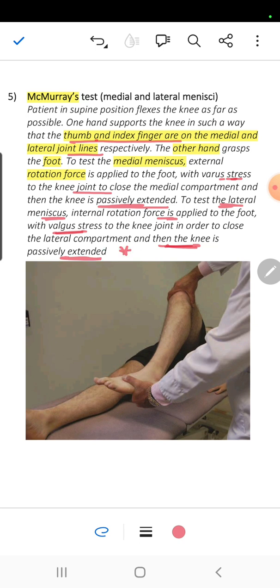In theory, it seems like a complicated test, but it is an easy test as you practice on your friend, so that it will be easy for us to demonstrate during the examination.